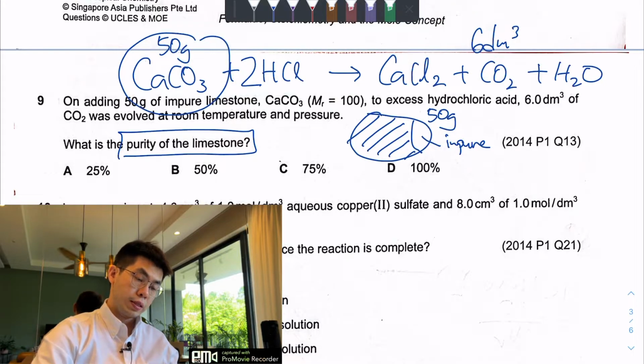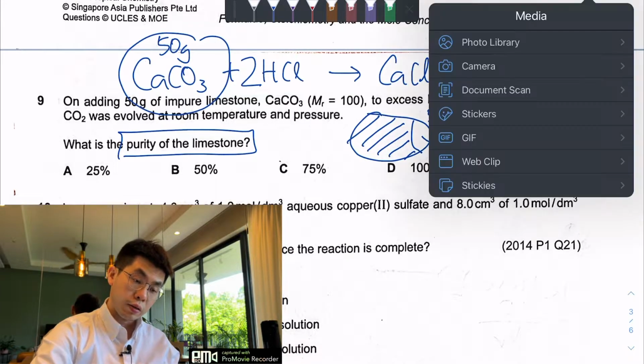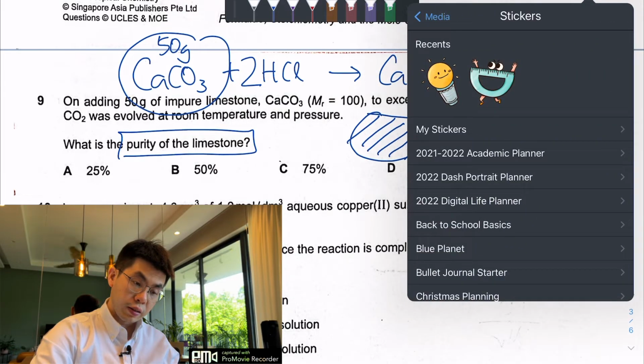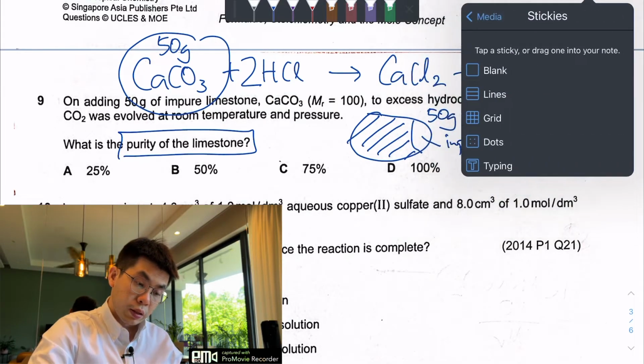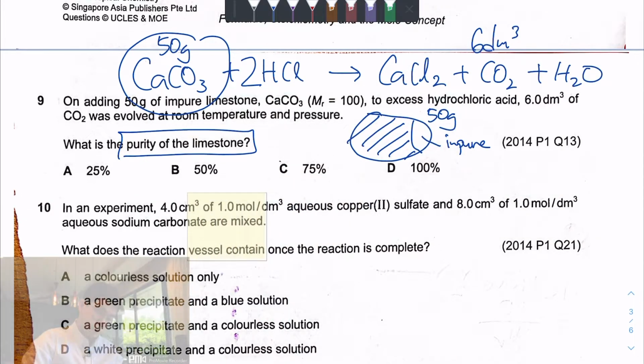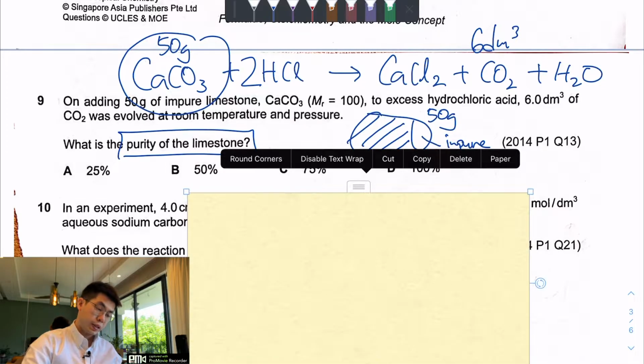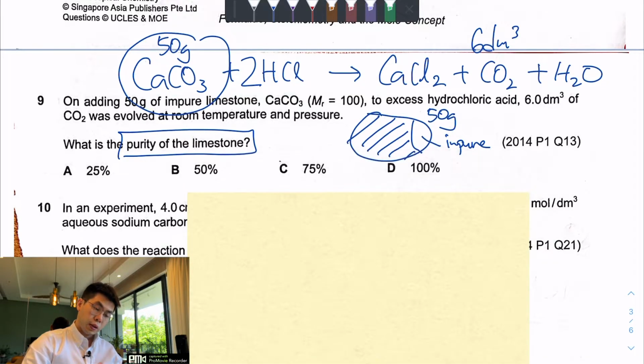All right, so let's take a look. Okay, so let me do the working here. The first step is that we are going to calculate the number of moles of CO2.